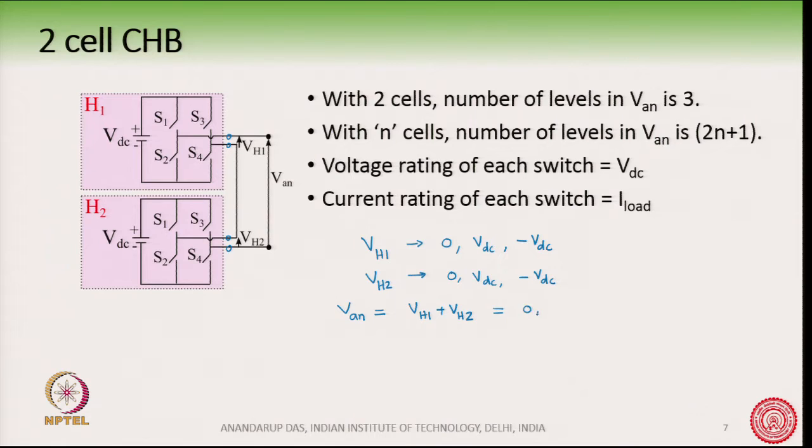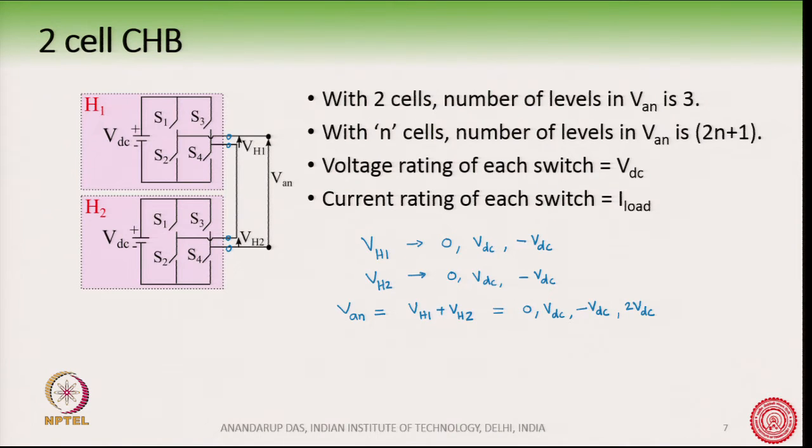This is one possibility; 0 and VDC is VDC, this is the second possibility; 0 and minus VDC is another possibility. Take now VH1 as VDC. So, VDC and 0, VDC plus 0 is VDC, we have already written this; VDC plus VDC is 2 VDC; and VDC plus minus VDC is 0, which we have already written.